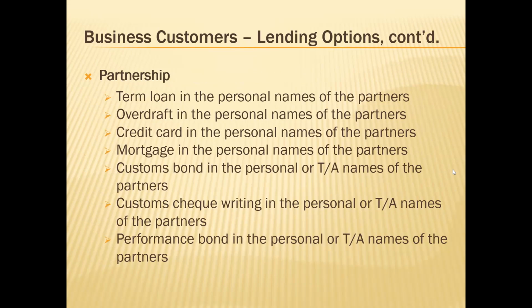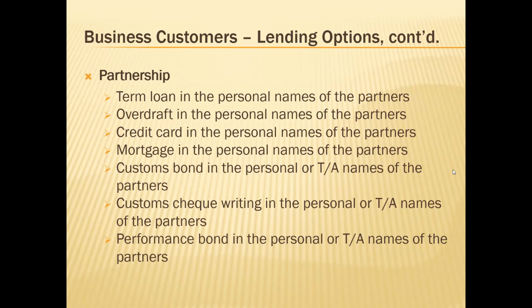Okay. So for the partnership, again, similar to the sole proprietor: term loans in their personal names, overdraft facilities in their personal names, credit cards in their personal names, mortgage or mortgages in their personal names, customs bonds in their personal or trading as names, customs check writing facilities in their personal or trading as names, and performance bonds in their personal or trading as names.